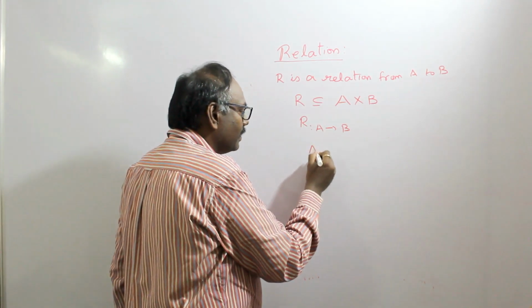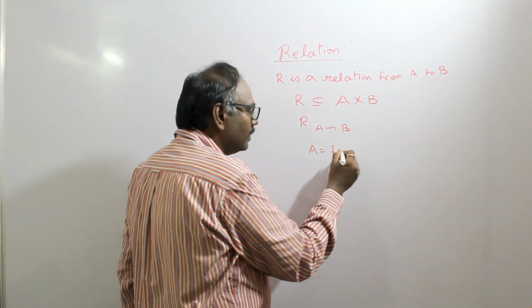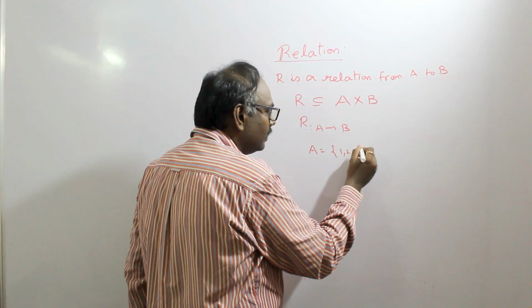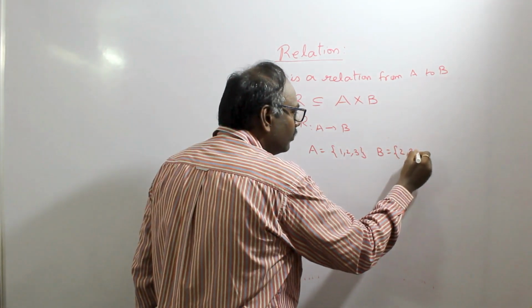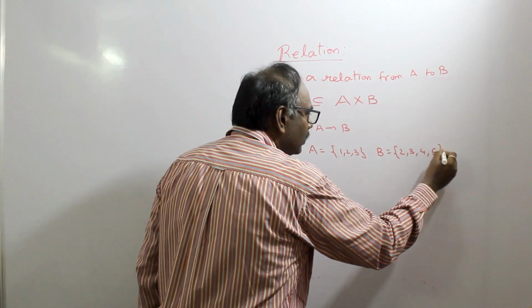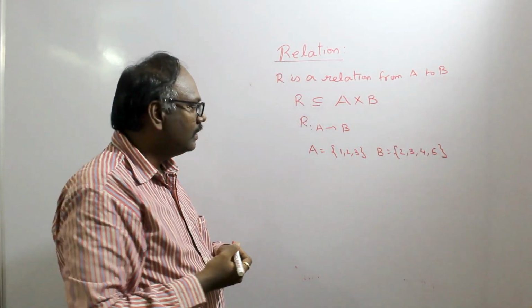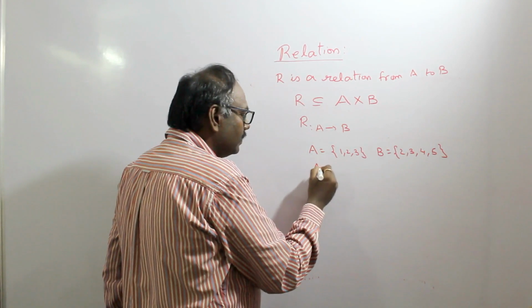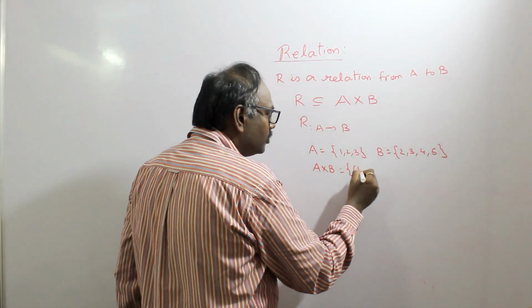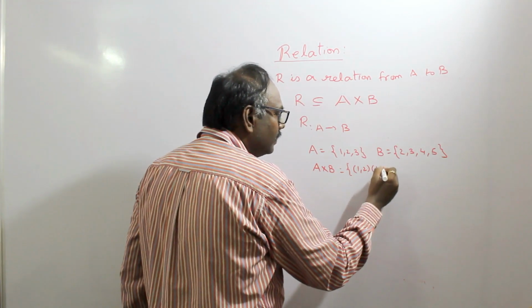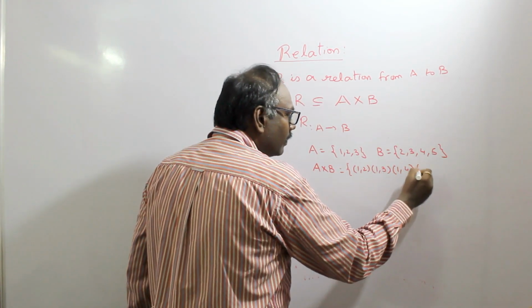Let us take an example, say A equal to {1, 2, 3}, and let B be equal to {2, 3, 4, 5}. So A cross B is equal to (1, 2), (1, 3), (1, 4), (1, 5).